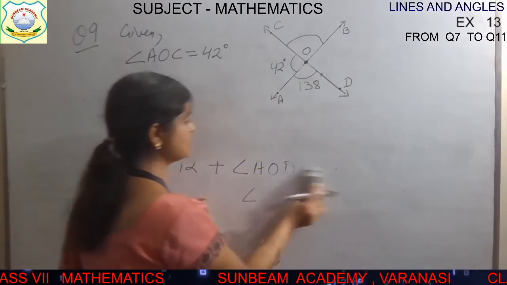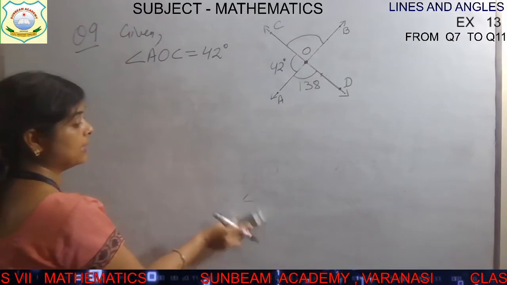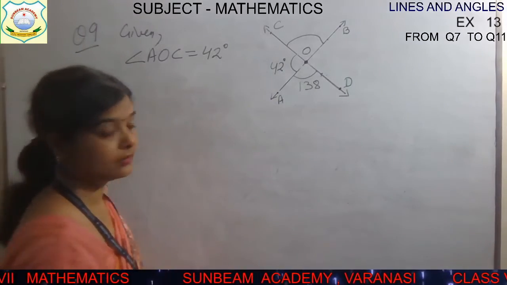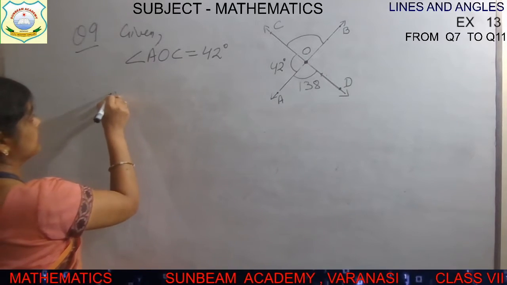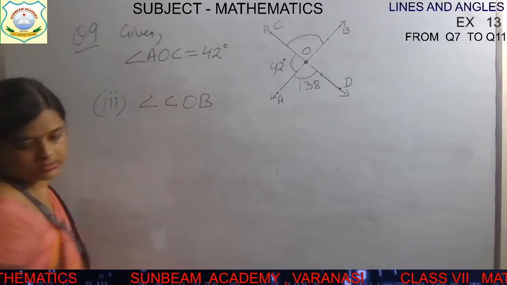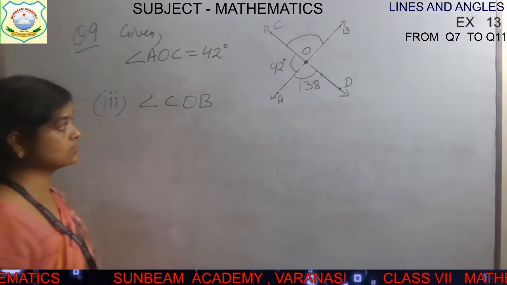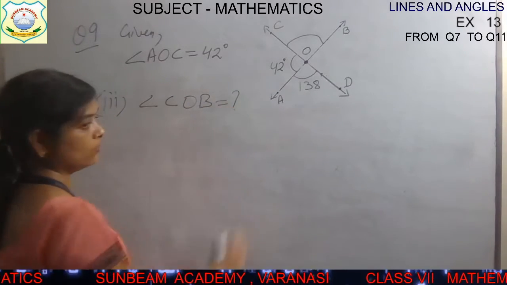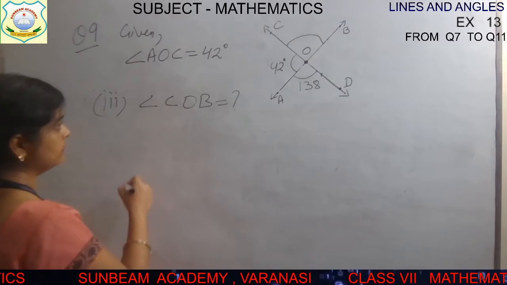It is the same as the first part and second part which I did in the beginning. The third part they are asking is what is the angle of COB? Yes, COB they have asked. What is the value of this? So what we will write?